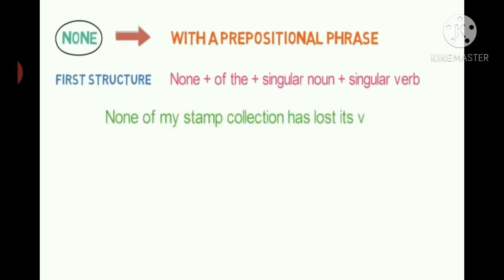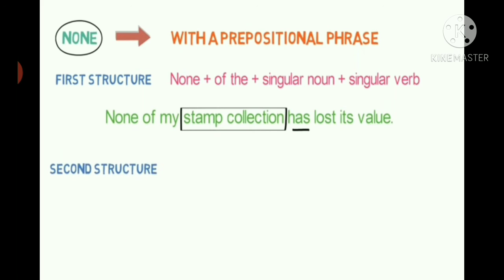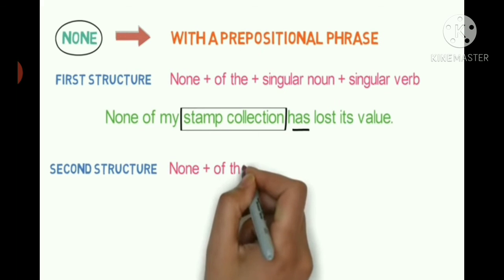Example, none of my stamp collection has lost its value. Stamp collection. It's not stamps collection. It is only stamp collection. That is why we have used has, singular verb.